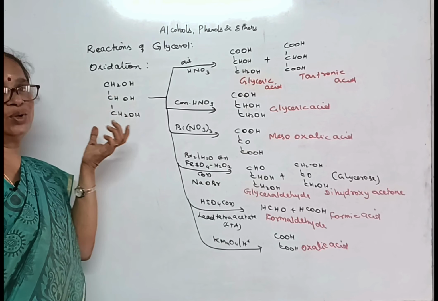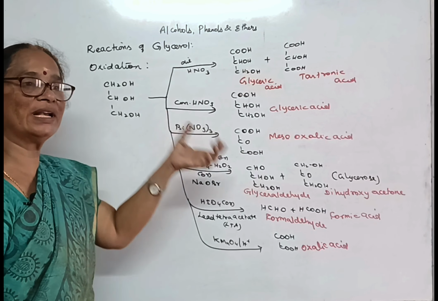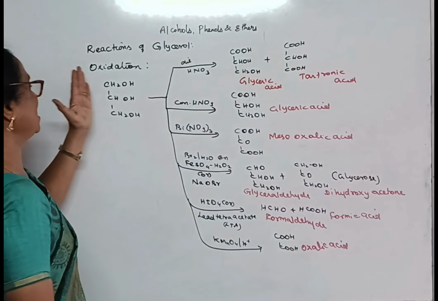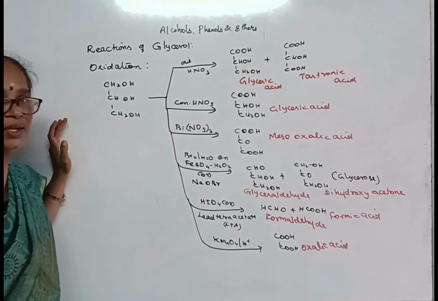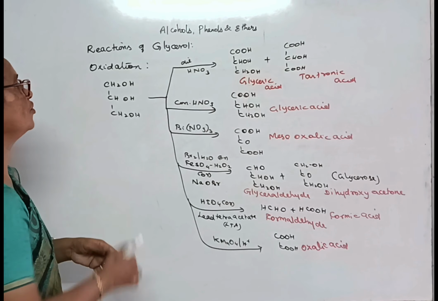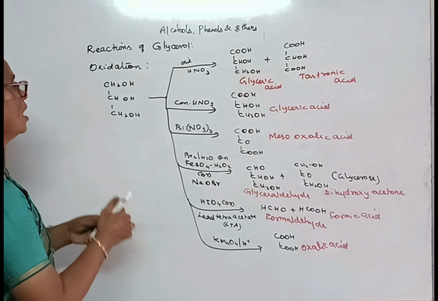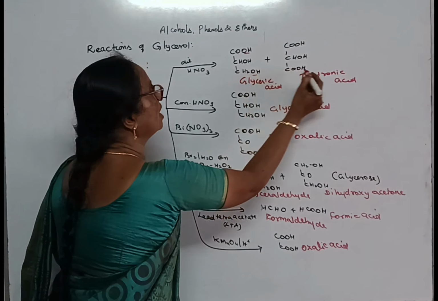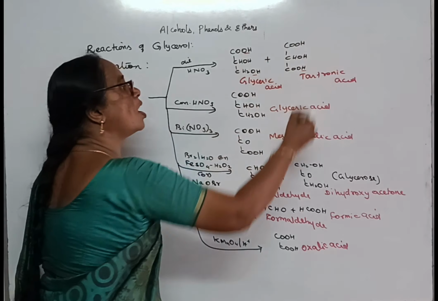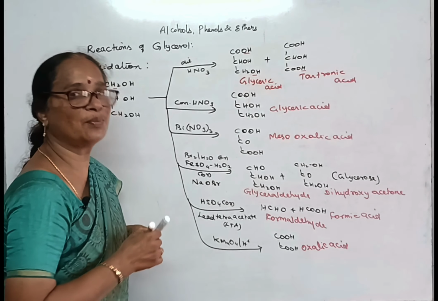The secondary alcoholic group can be oxidized only to ketone. Keeping this idea in mind, you can have the oxidation with dilute nitric acid. First, one of the primary alcohols is oxidized to carboxylic acid, followed by the other primary alcohol, which is also oxidized to carboxylic acid.